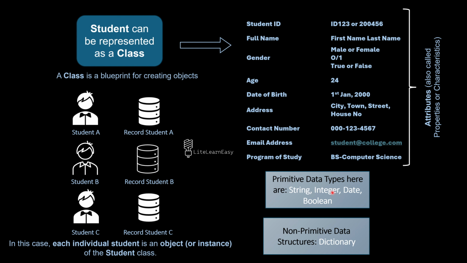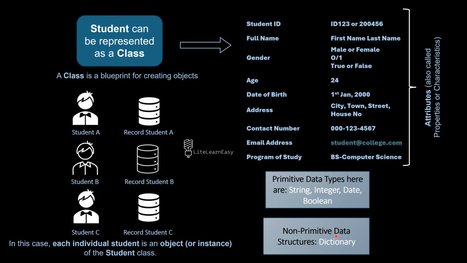If I talk about the integer data type, then age is an integer value. Maybe the contact number can also be stored as an integer value. Date of birth has its own data type, date, in the Python library. And maybe I would like to store gender in Boolean values such as true or false. So these are the examples of primitive data types here.